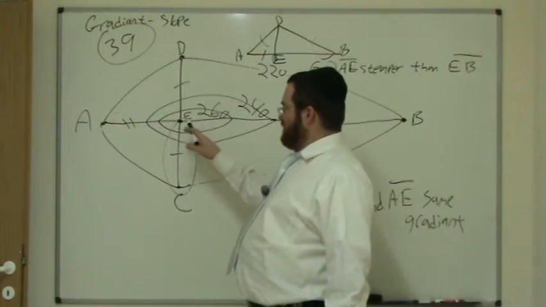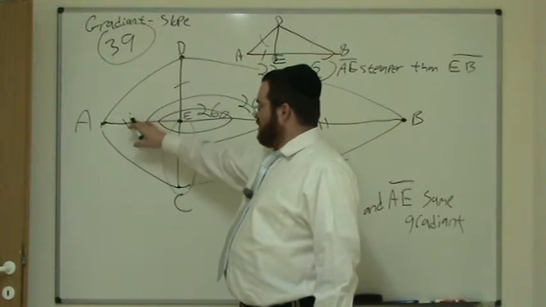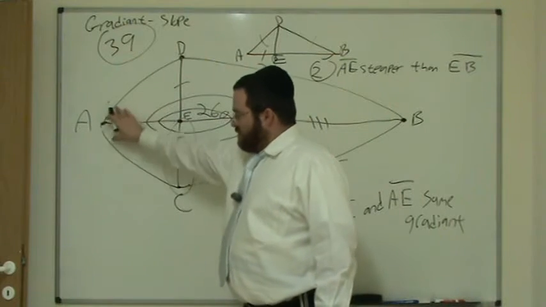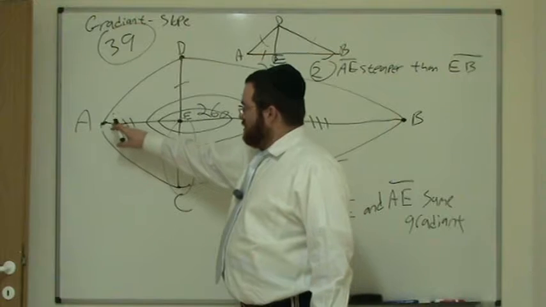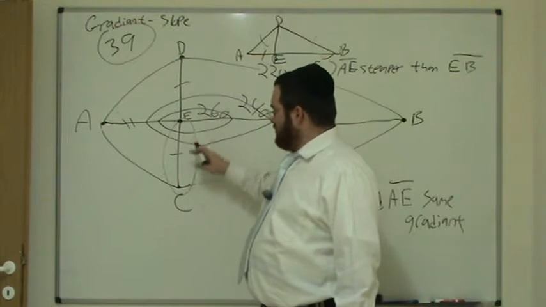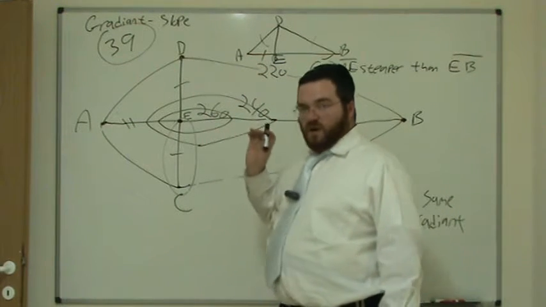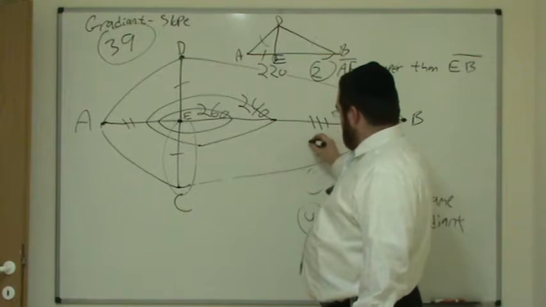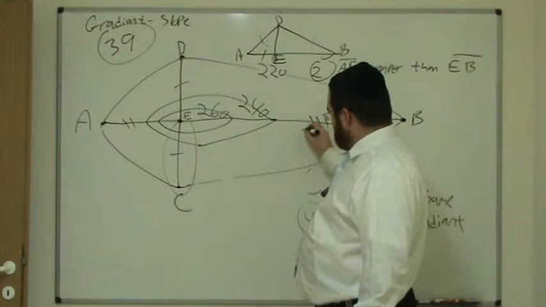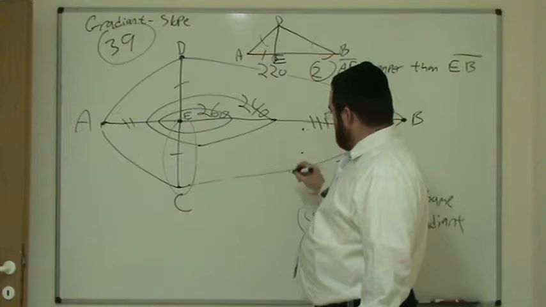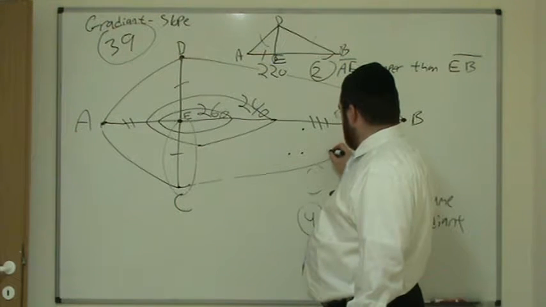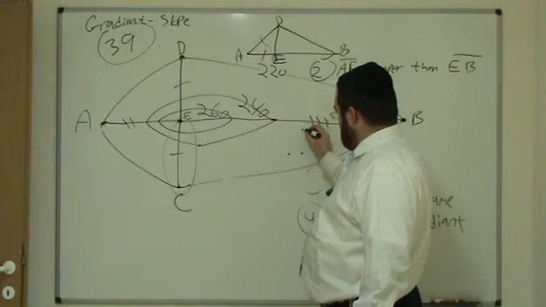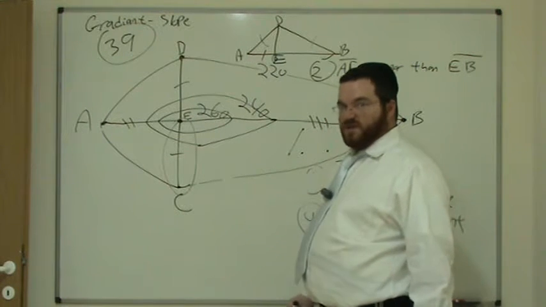And as you can see, the first two parts went down quicker. So E to A is a longer distance than E to C. If you do it in a smaller distance, you're going down a steeper hill.